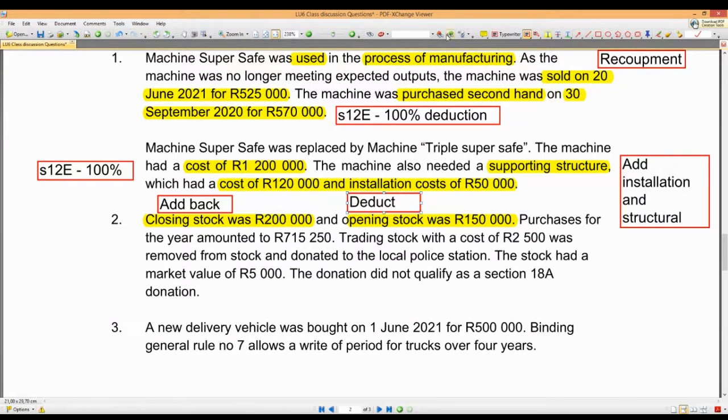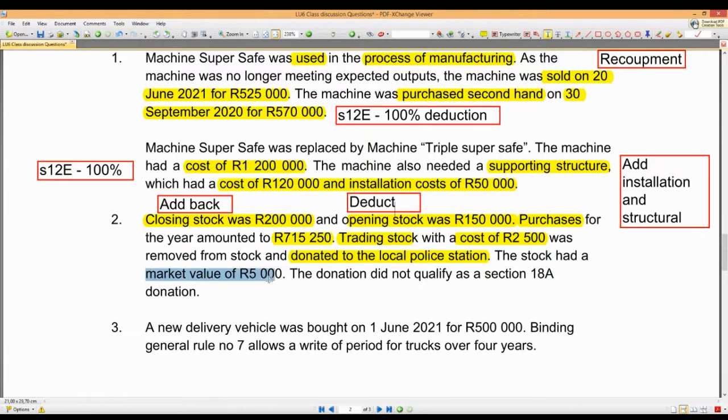Okay, then we've got purchases for the year amounted to 715,250. So the purchases we deduct as well. And then we're told trading stock with a cost of 2,500 was removed from stock. It was donated to the local police station.